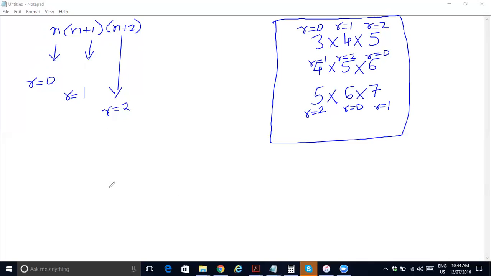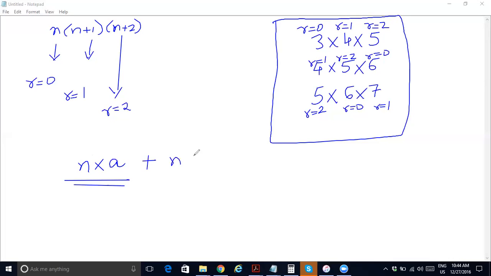Now, there is a rule that says if n is a number and we multiply n by a, we get a multiple of n.